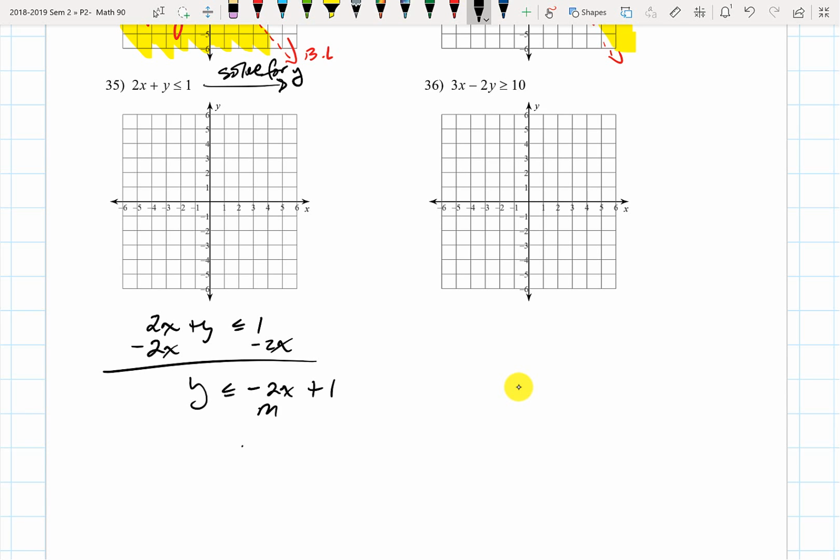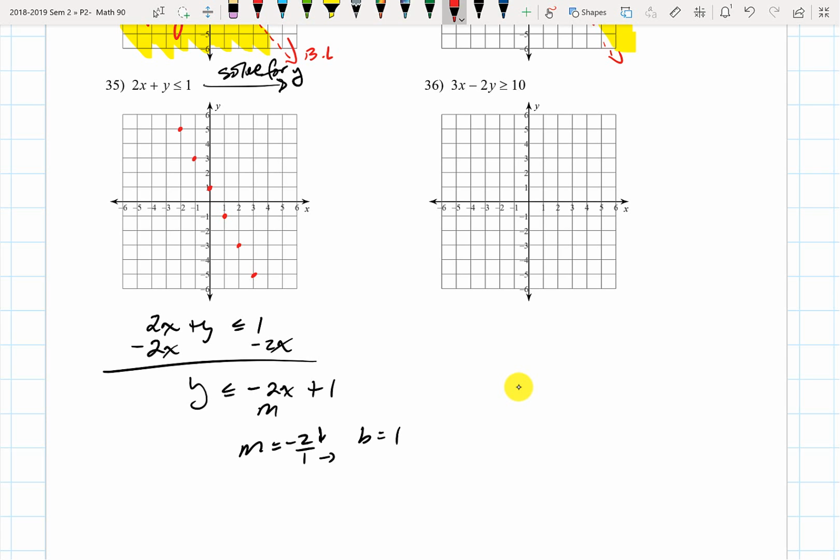All right, the slope's negative 2. And the y-intercept is 1, so we're going to start here at 1. We're going to go down 2, right 1, down 2, right 1, down 2, right 1. You can reverse it, up 2, left 1, up 2, left 1.